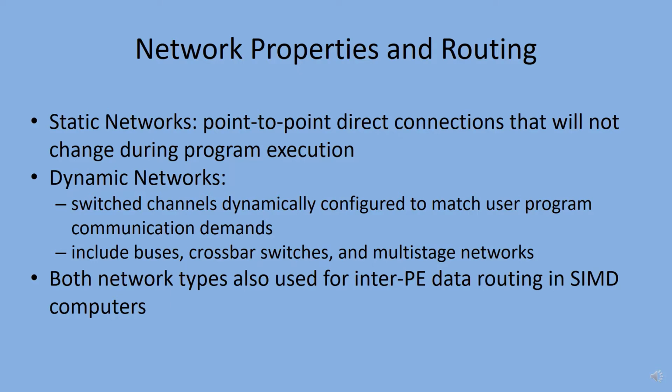Static networks are used for fixed connections among subsystems of a centralized system or multiple computing nodes of a distributed system. Dynamic networks include buses, crossbar switches, multistage networks, and routers, which are often used in shared memory multiprocessors. Both types have been used for inter-processing element data routing in SIMD computers.